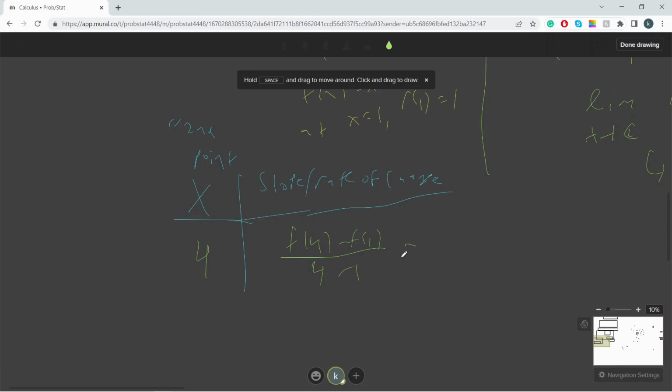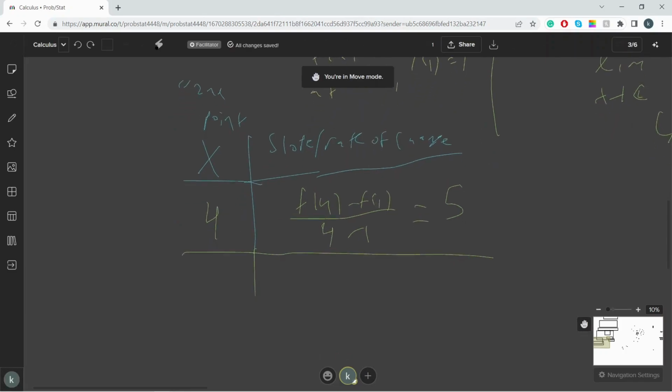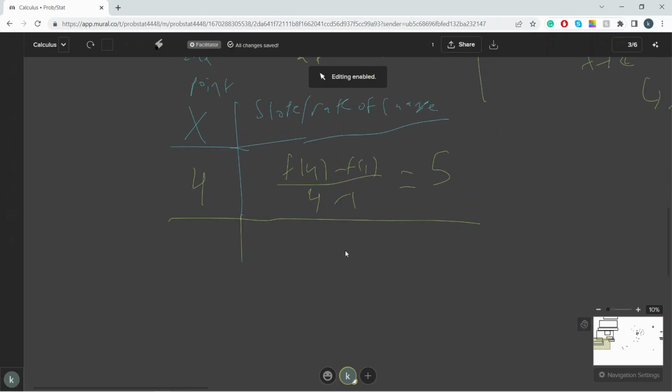And this is going to equal 5 if we plug the numbers into our calculator. So if we used the points 1, 1 and 4, 16, then the slope of the line consisting of those 2 points is going to be 5. But maybe 4 might not be close enough to get a good idea of this instantaneous rate of change. We've got to move the second point much closer to x equals 1.